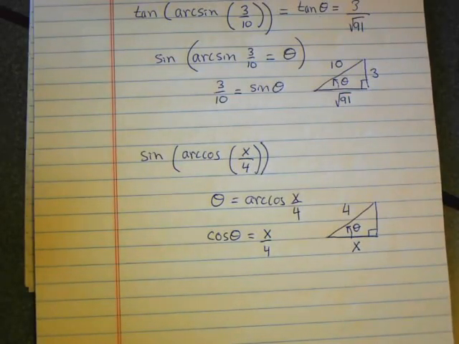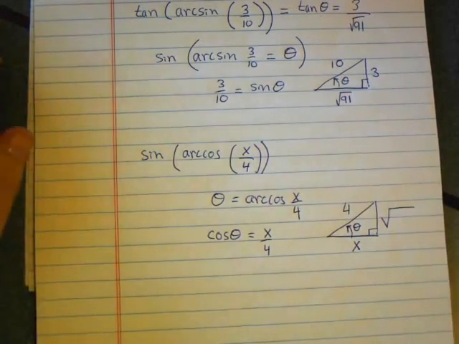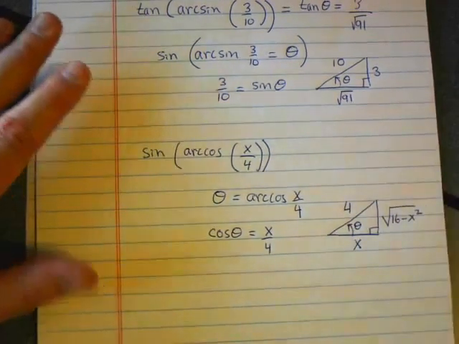Pythagorean theorem. It's going to be square root of something. Square root of what? Not 4 minus x. 4 squared minus x squared.